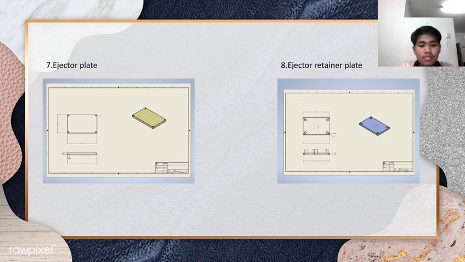The ejector plate is to push the ejector pins forward to eject the part from the cavity or core. The function of the ejector retainer plate is to lock the heads of the pins so they don't come out during the injection molding process.